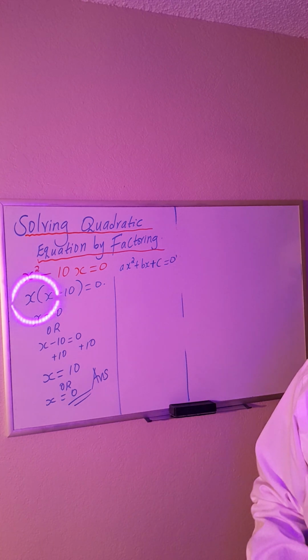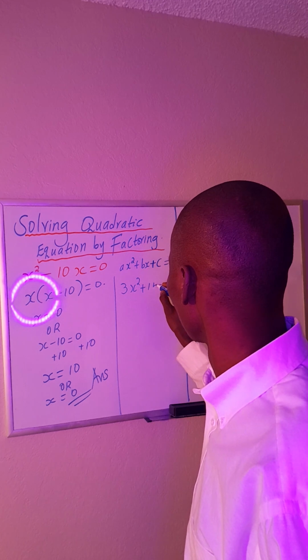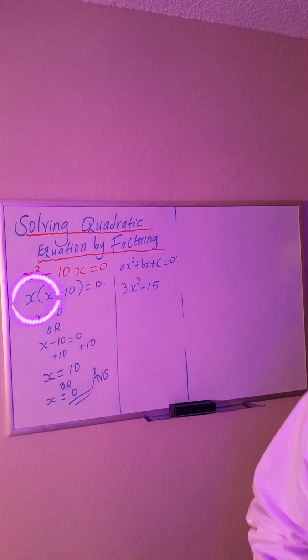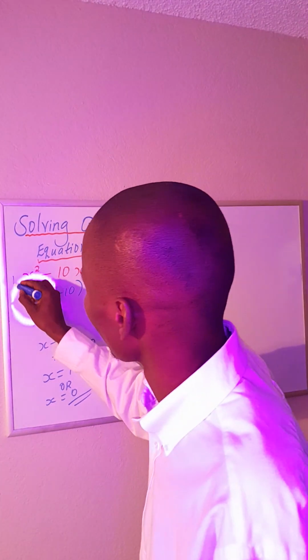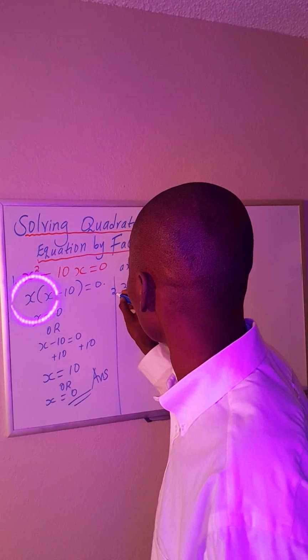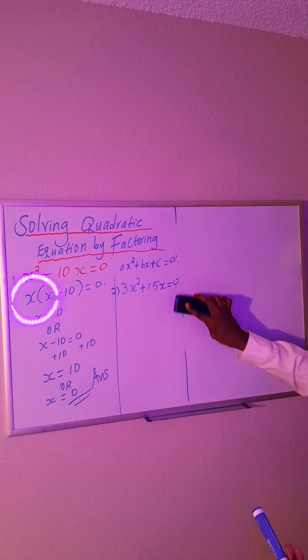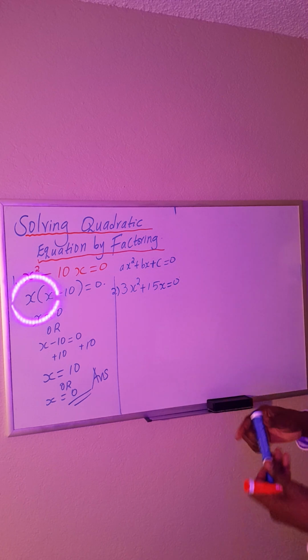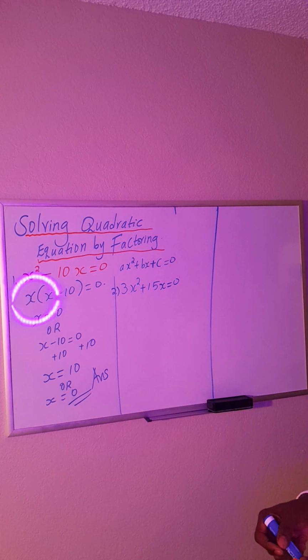Okay, another example. Let's say I have 3x squared plus 15x is equal to 0. So this was example 1. This is example 2. Now, looking at this question, my second example on solving quadratic equations by the factor method, we go ahead and solve.